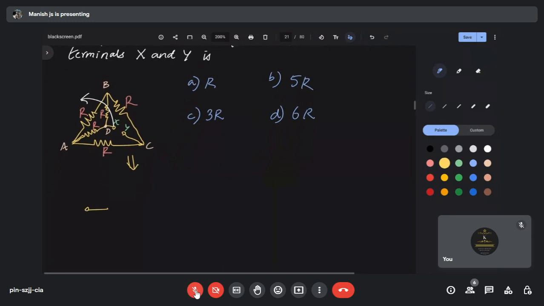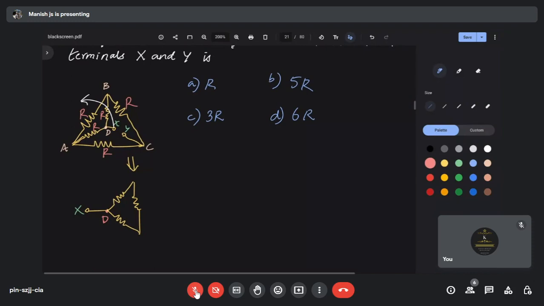So you will get it like this. This is point D, and this is as usual X. So I am redrawing the circuit. The circuit looks like this if I redraw it. In the center you have one more resistance.